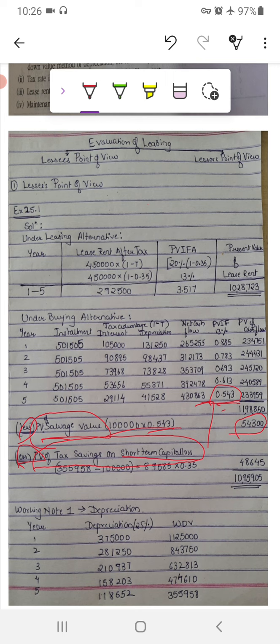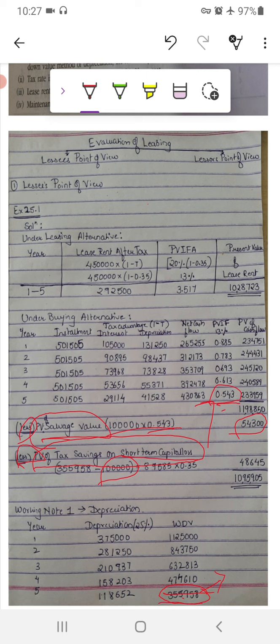If you see the written down value of the asset at the end of the last year, it is 3,55,958. That means according to your books, the value of that particular asset is 3,55,958. But you are selling that asset for how much? For 1 lakh, because the salvage value is 1 lakh.